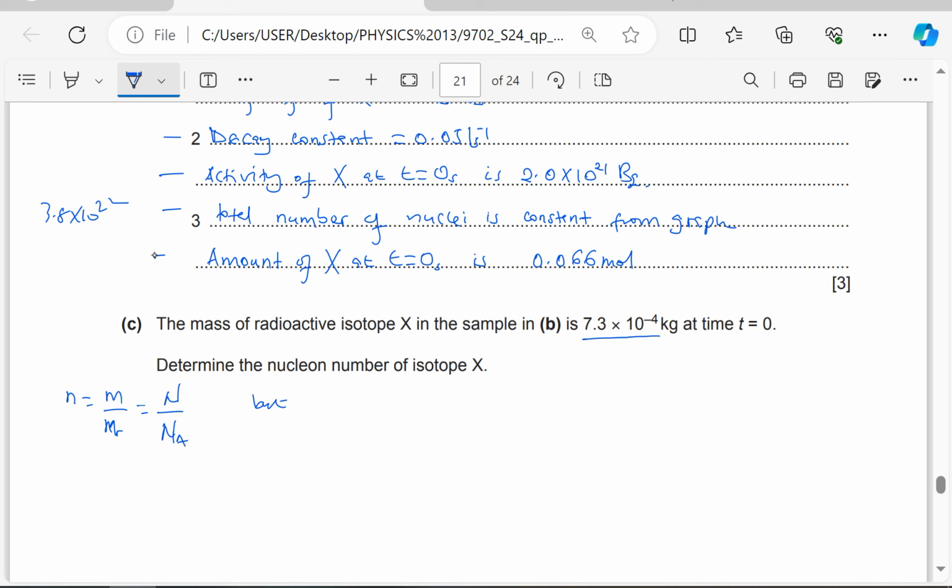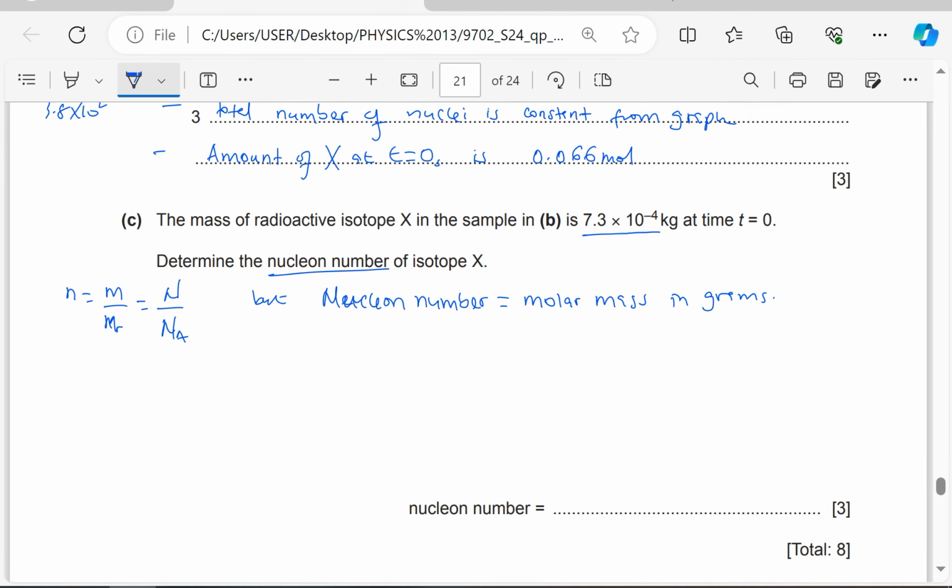The nuclear number is the same as the molar mass in grams, so I must ensure that my final answer is converted into grams.